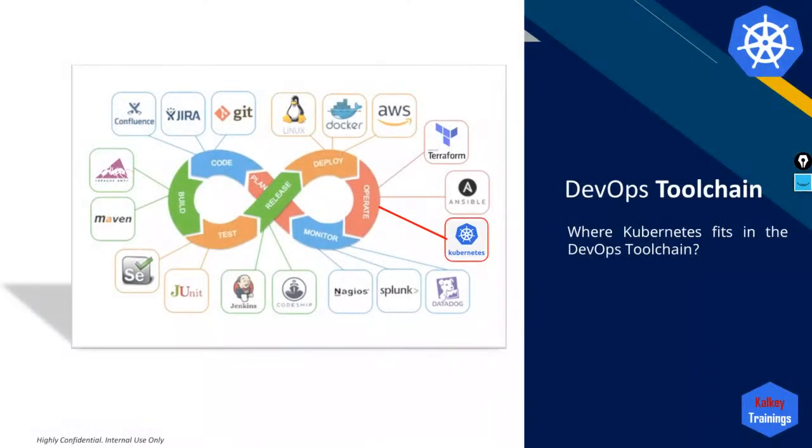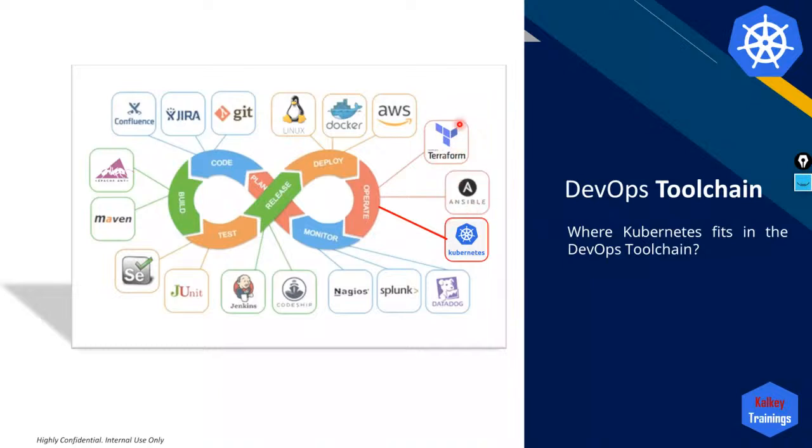Here what we see is DevOps, the very famous DevOps. It is intertwined, each phase talking to the others. My question was, in which phase of the DevOps lifecycle should I place Kubernetes? It is in the operate phase, where you also have Terraform and Ansible.